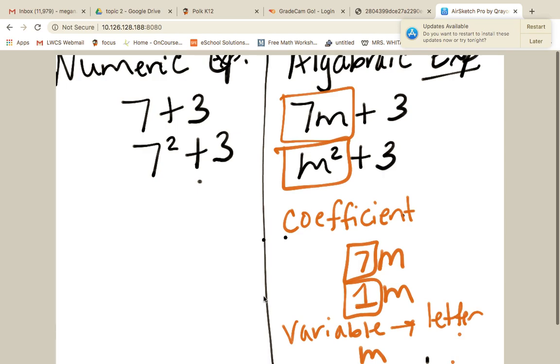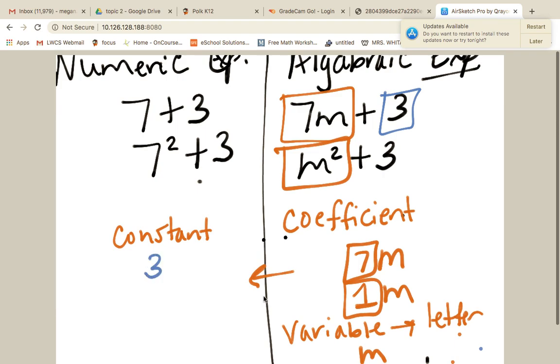The last thing I'm going to work over here a little bit is the constant. That's probably new to a lot of kids, but they probably just didn't realize it was called this. The constant is your actual number that's by itself in the problem, which in this case would be plus 3. So 3 is the constant in both of those problems.